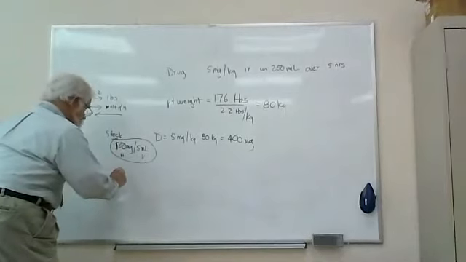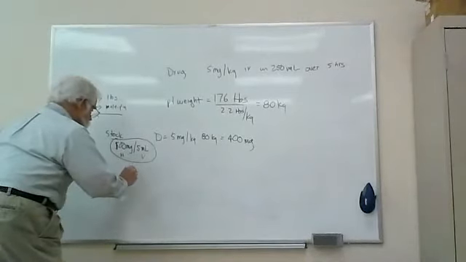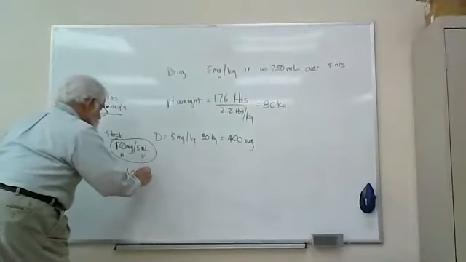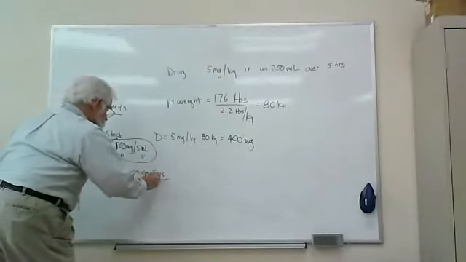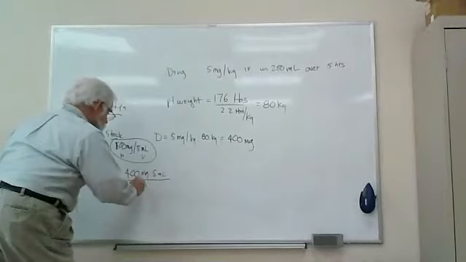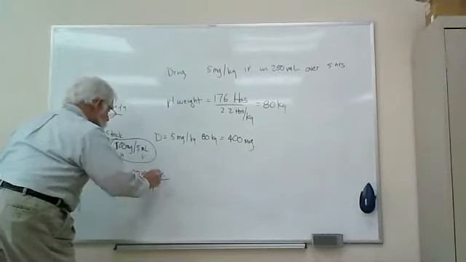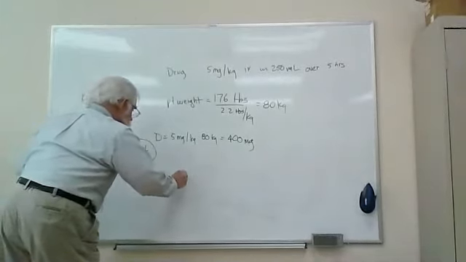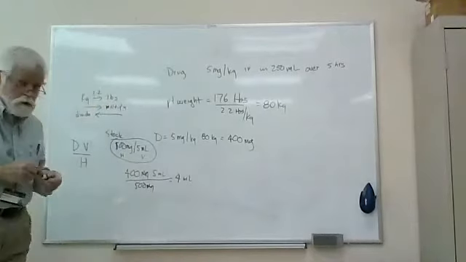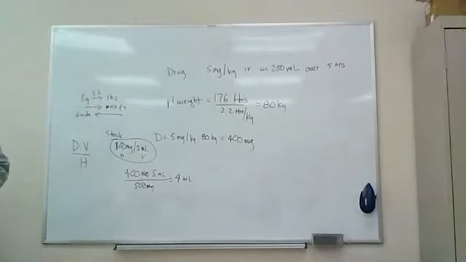So our D V over H calculation becomes 400 milligrams times 5 milliliters divided by 500 milligrams, which is going to be 4 milliliters. So we take 4 milliliters of this stock solution by a syringe out of the vial that it's in, and then add it to the IV bag to make our 250 milliliters.